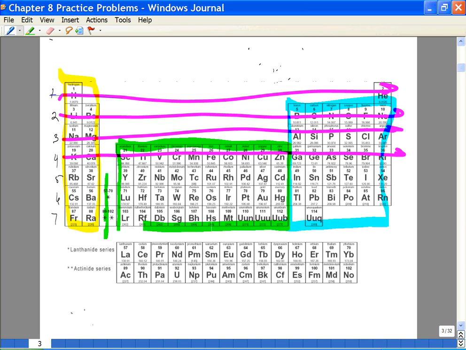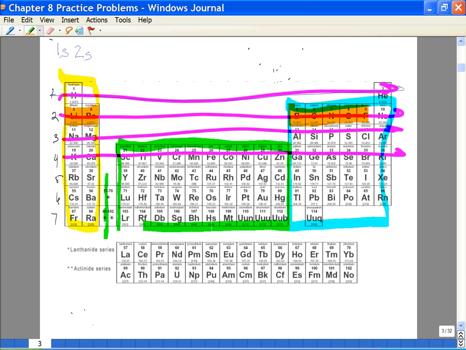So first, for example, doing the 1s, we know for energy level 1, we can have an s orbital, and it can hold 2 electrons. Going down to the second row, we can have the 2s, which can hold 2 electrons. But then we can go over here and see in row 2, these are the p blocks.